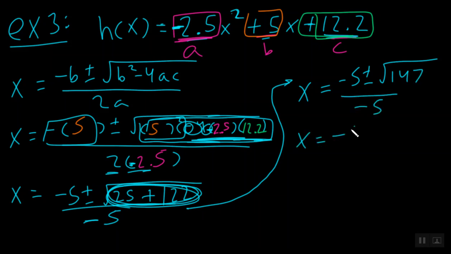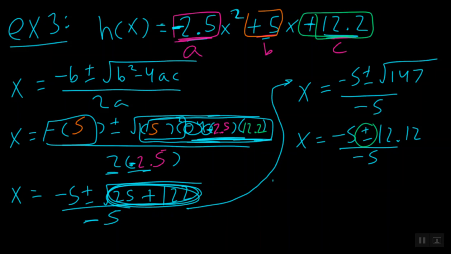Now from here, remember this is where we take the square root of 147, and this will be the first time that we get a decimal. So the square root of 147 is going to give us 12.12. And guys, this would be one of the few times where I would encourage you to use a decimal over a fraction, all divided by negative 5. Now, I'm going to circle our plus or minus in green, and let's really illustrate this.